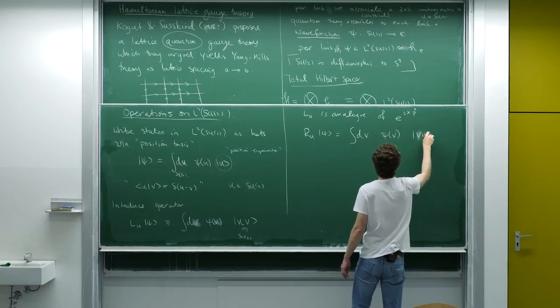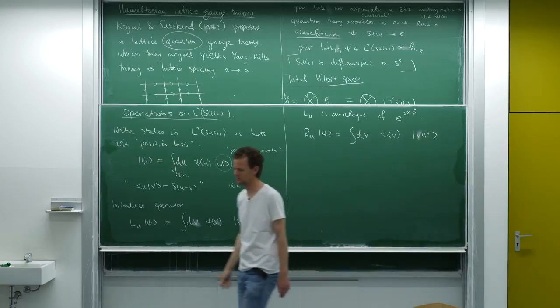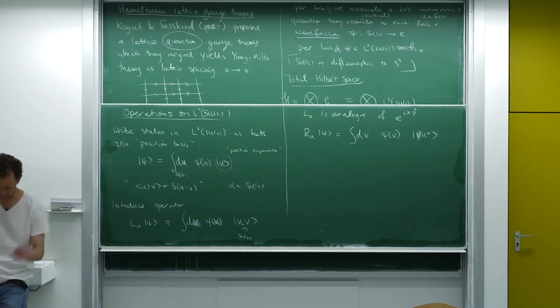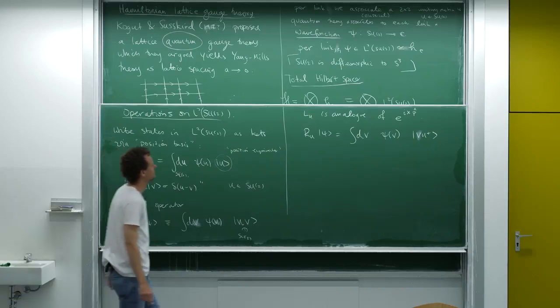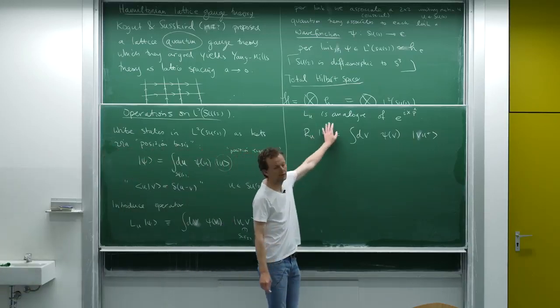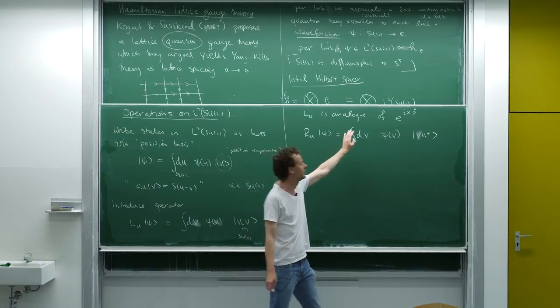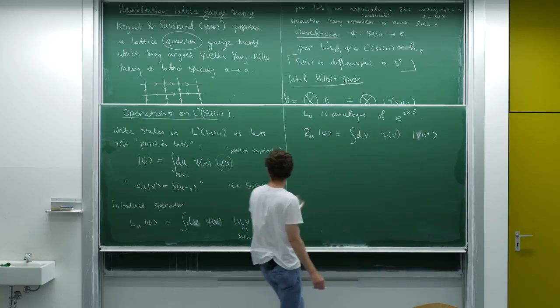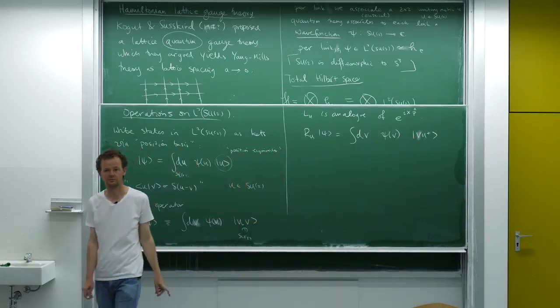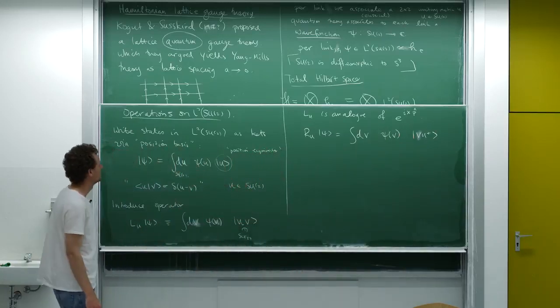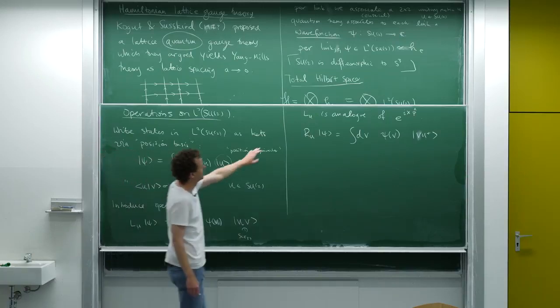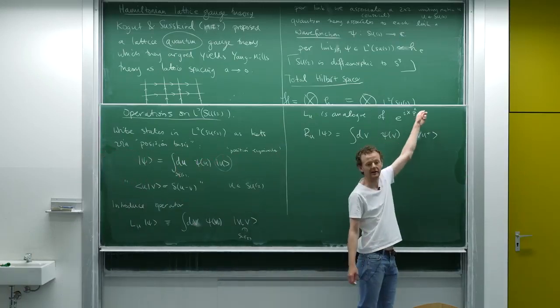It's v u dagger, I believe I use dagger, although I don't have to. Yeah, I use dagger. There you go. So there's the other shifting operation. So this is different a priori, right? If I multiply on the right by u or on the left, I might get different answers, especially with that dagger. So these are two analogs, if you like, of e to the ix p hat.